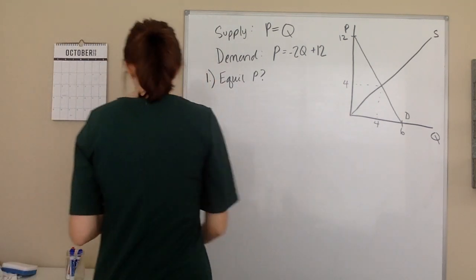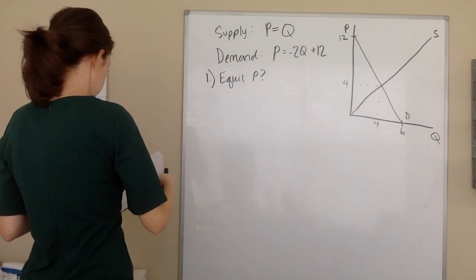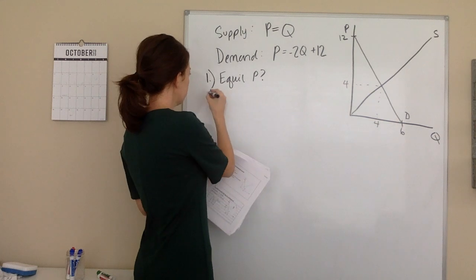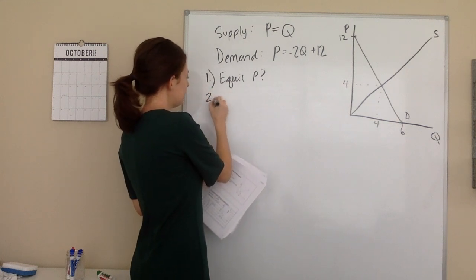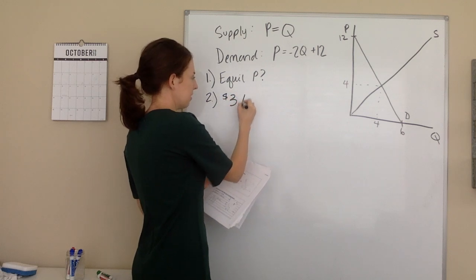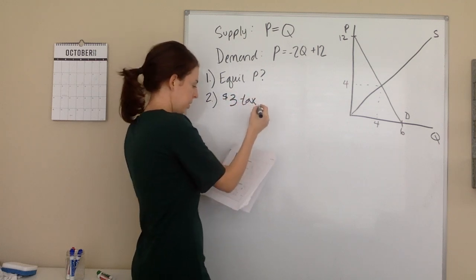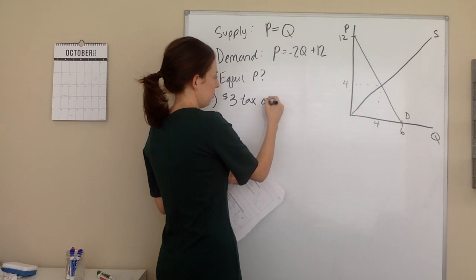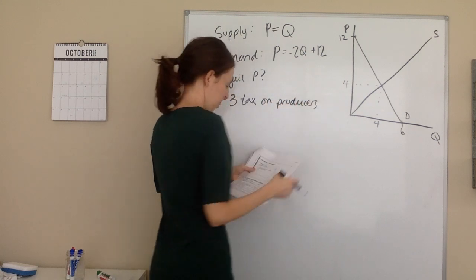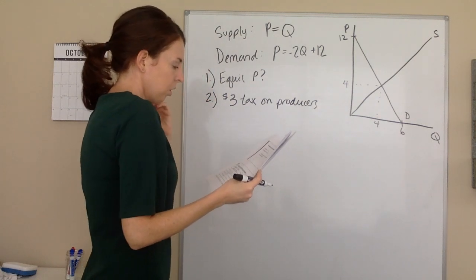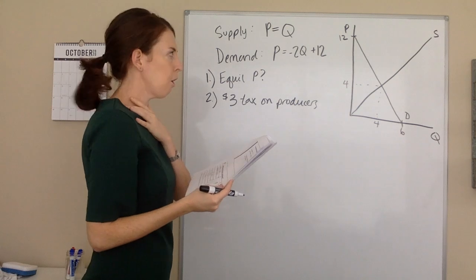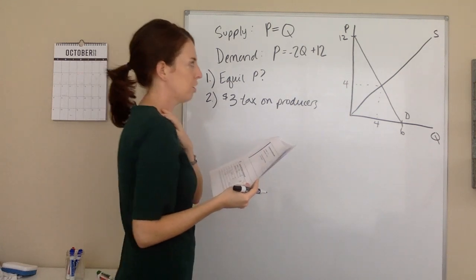Suppose there is a $3 commodity tax that is imposed on producers. First of all, let's think about how the graph will characteristically change.